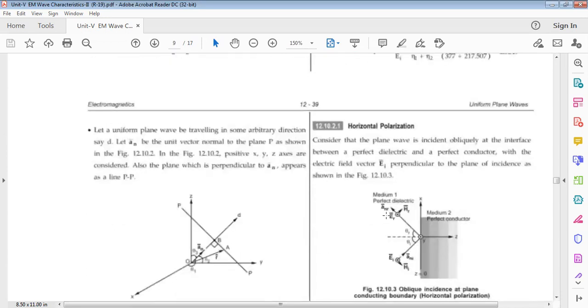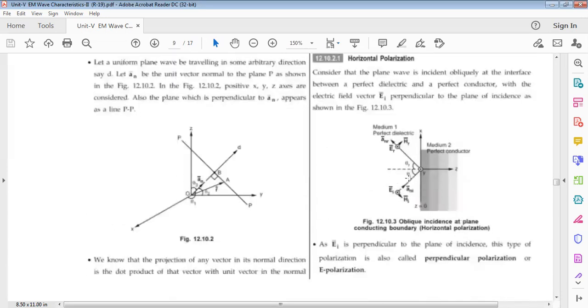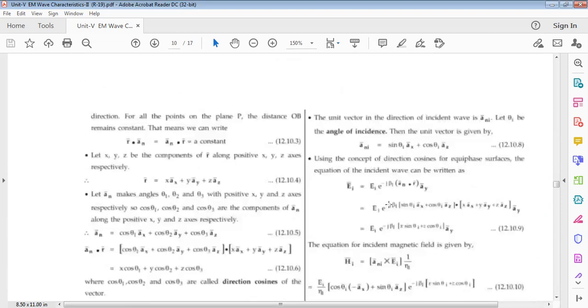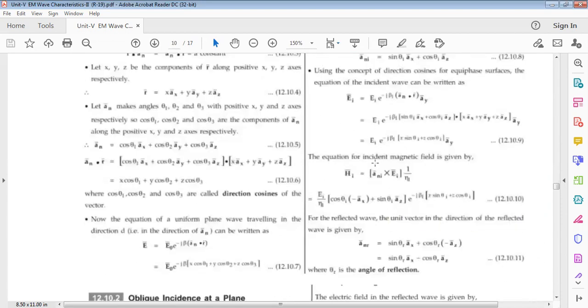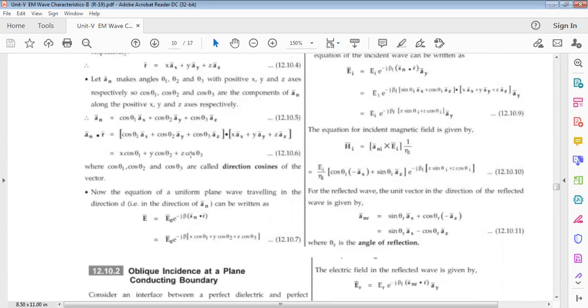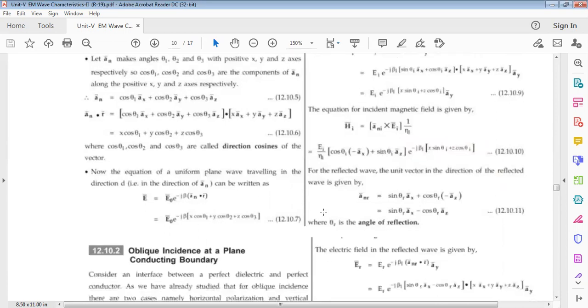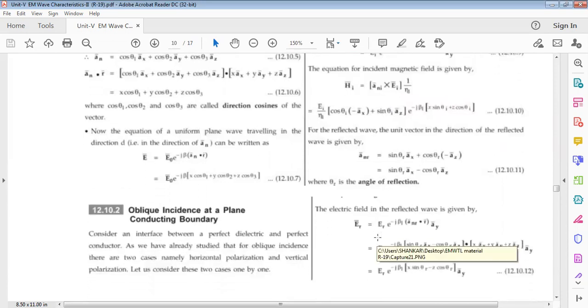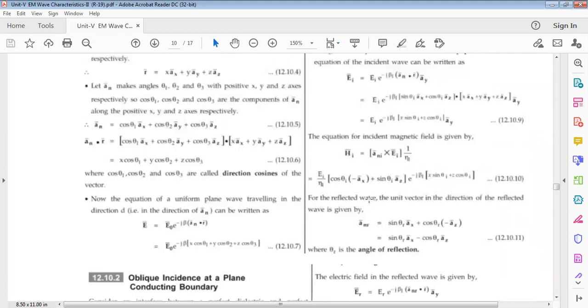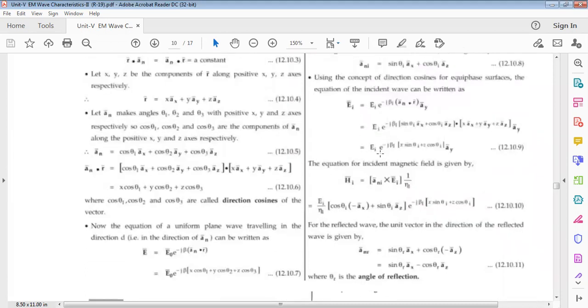The horizontal polarization. In this equation, one right angle triangle we are assuming, and another right angle triangle we are assuming is reflected. We find E_I bar and E_R bar. E_I bar is equal to E_I into e power minus j beta 1 (x sine theta I plus z cos theta I) a_y bar.